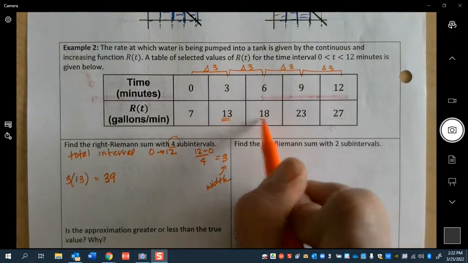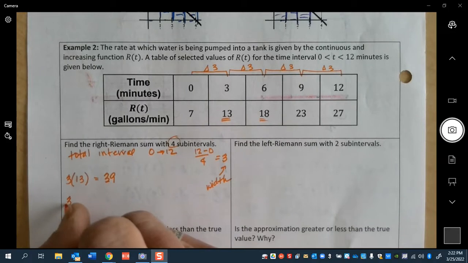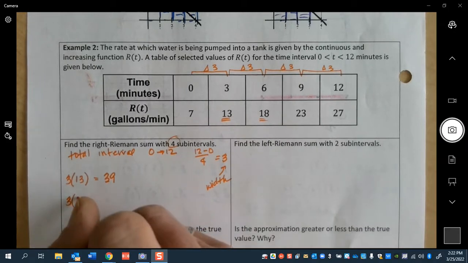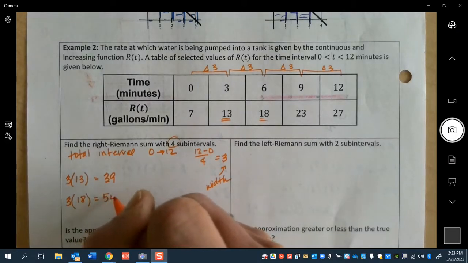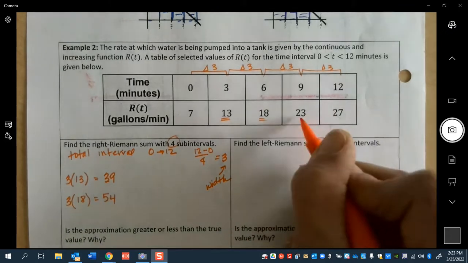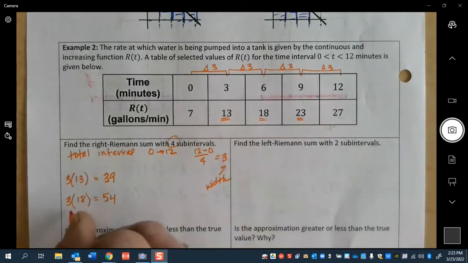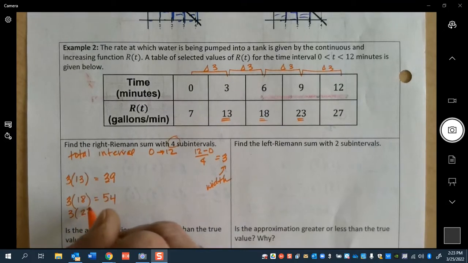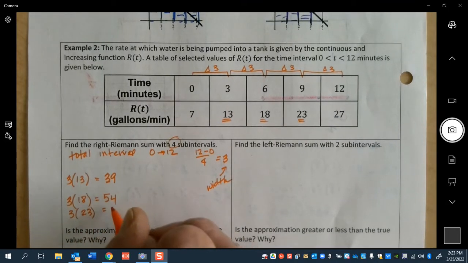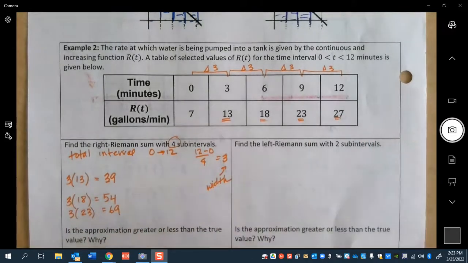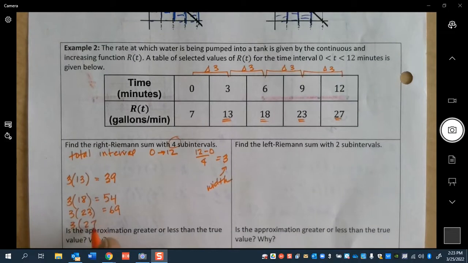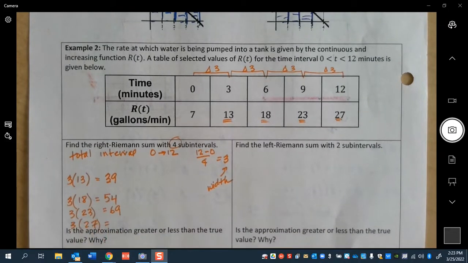When I look at my second interval, I have my width of 3 times a height of 18. What does that equal? 54? During my next right hand, I have 3 times 23, 69. And then my last interval, I have 3 times 27, 71. Yeah?